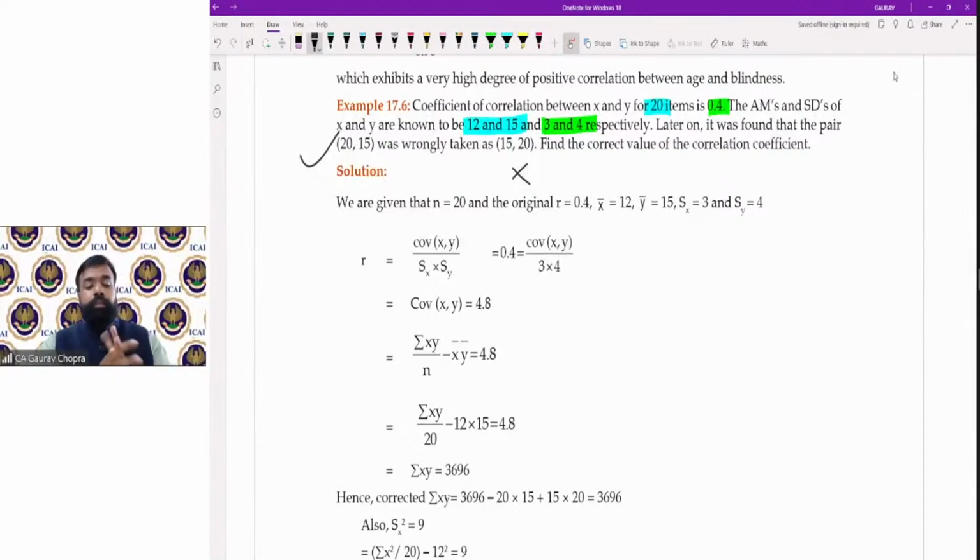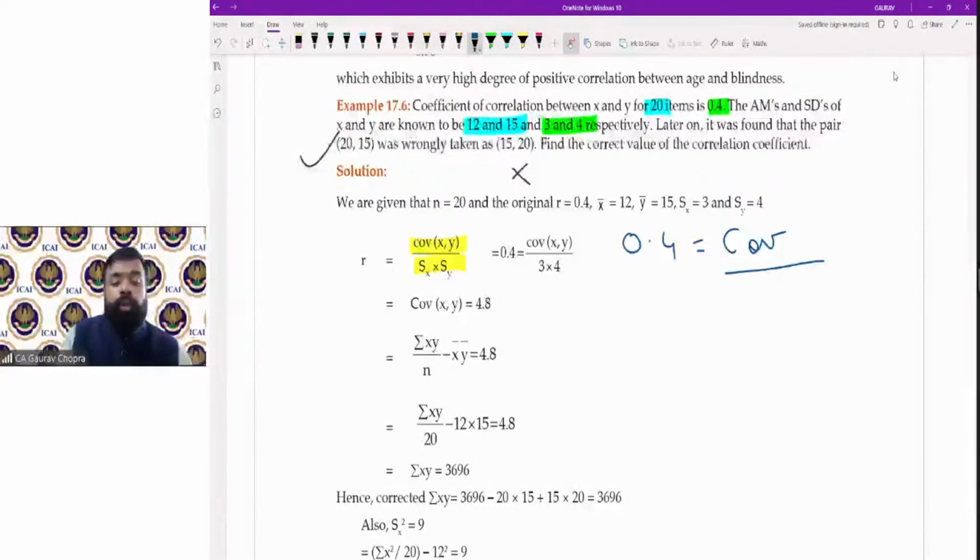So first step में हम क्या करेंगे? If you know the formula for correlation was covariance divided by standard deviation of X into standard deviation of Y. So in this case, we are having two values like correlation and standard deviation. So correlation is 0.4 equal to covariance upon standard deviation of X is 3 into standard deviation of Y is 4.